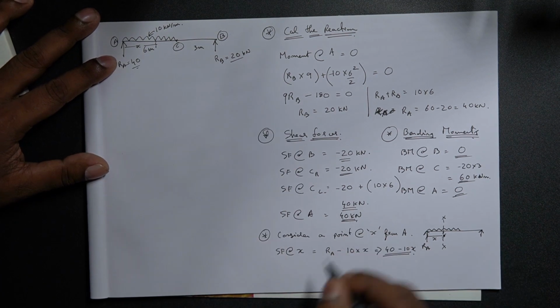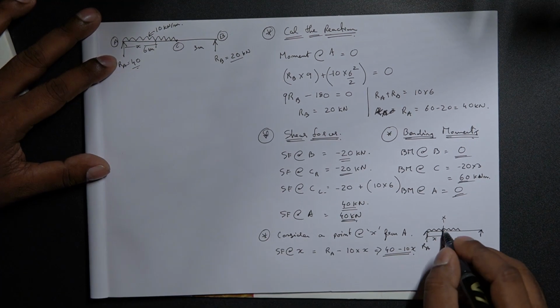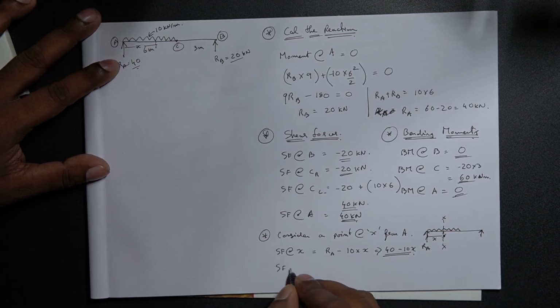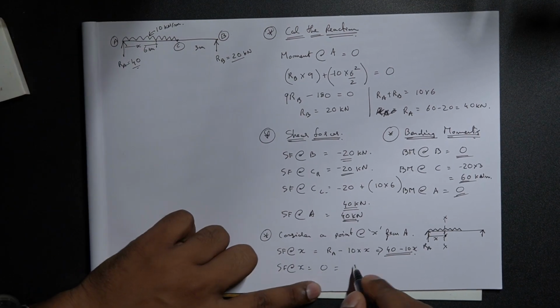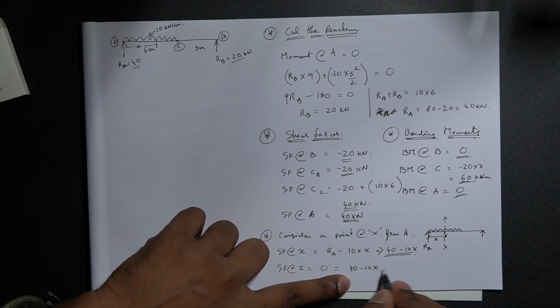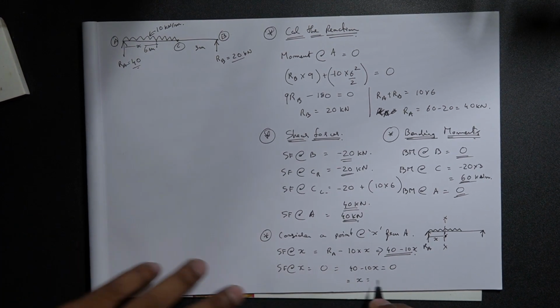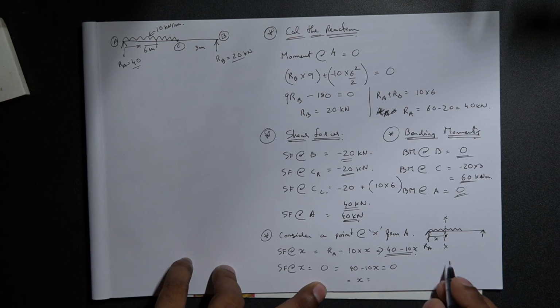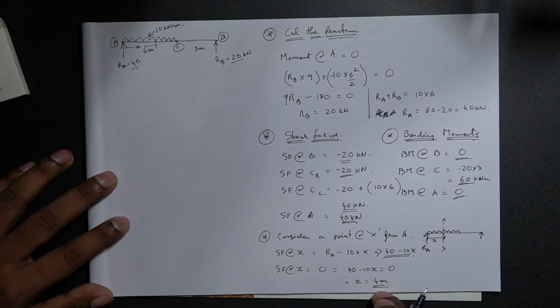So let's equate the shear force at x to 0. 40 minus 10x equals 0, so x should be equal to 4 meters.